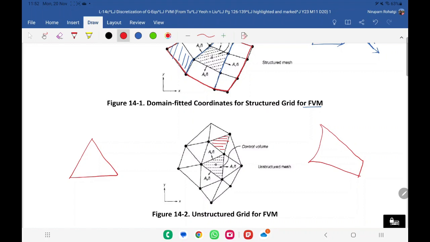XY coordinates cannot be fitted here. What I can do is divide it like this, and in this area I can apply FDM. Then this area becomes a logical rectangle, and I can apply it here.